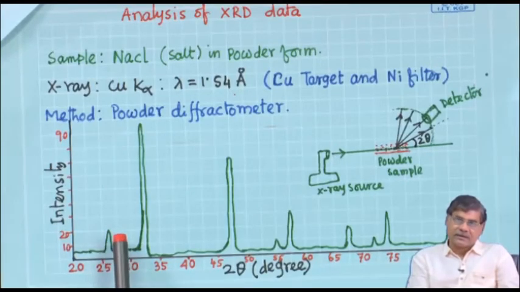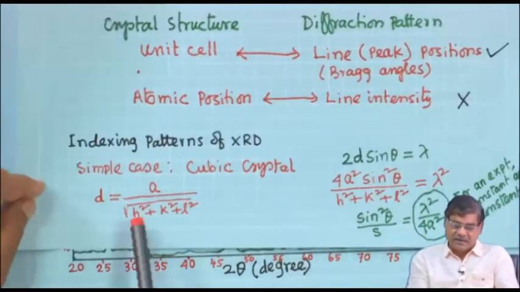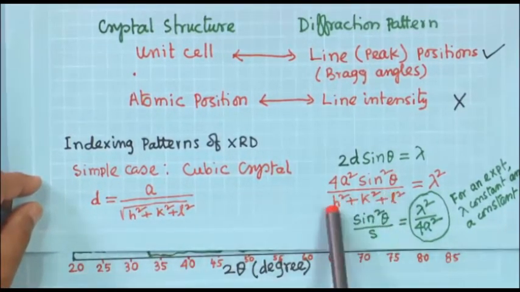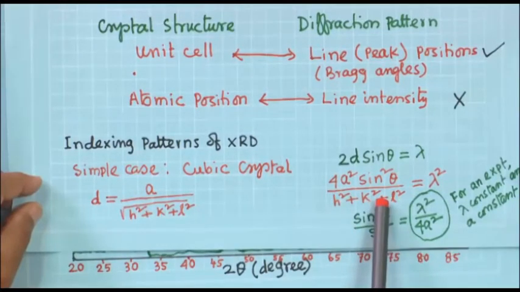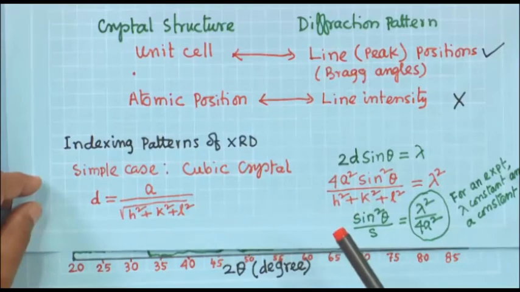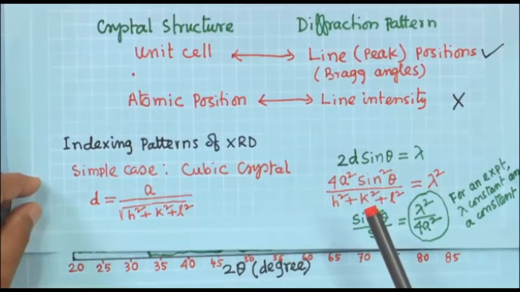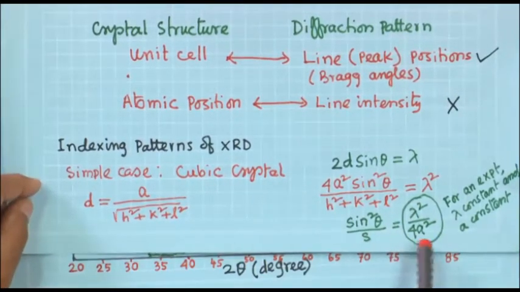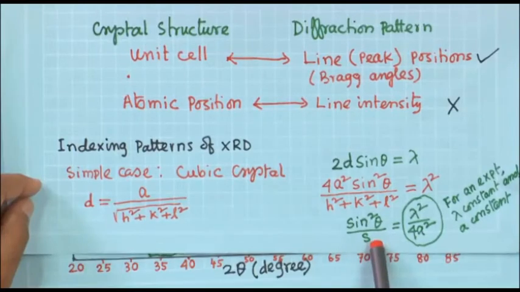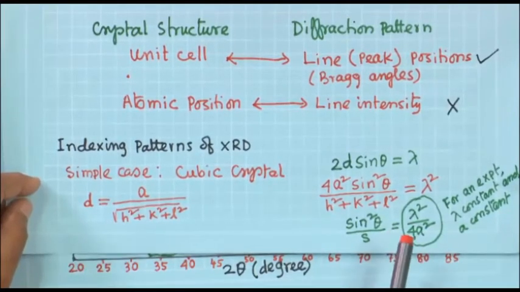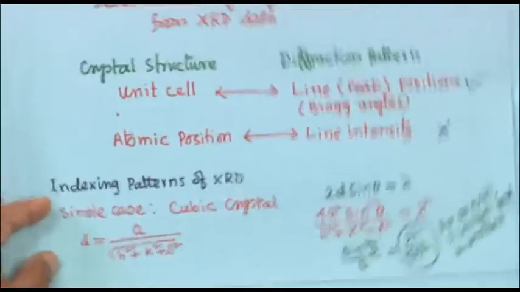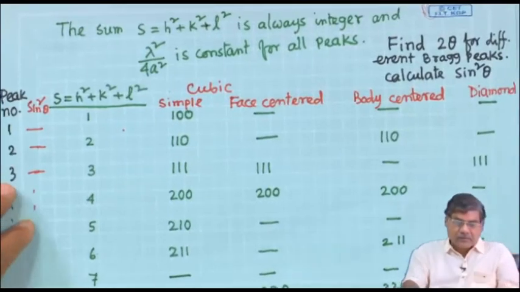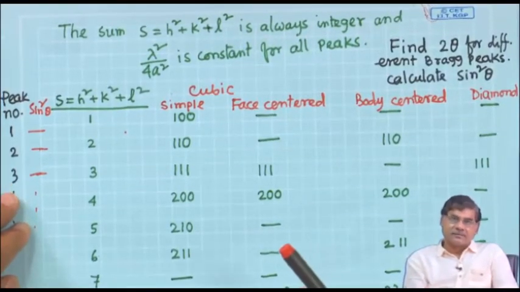So, we can easily calculate sin square theta. Now, sin square theta divided by s, s is this one. Okay. So, for different s there will be different HKL. So, what are the possible s? s is always an integer, because HKL are integers.